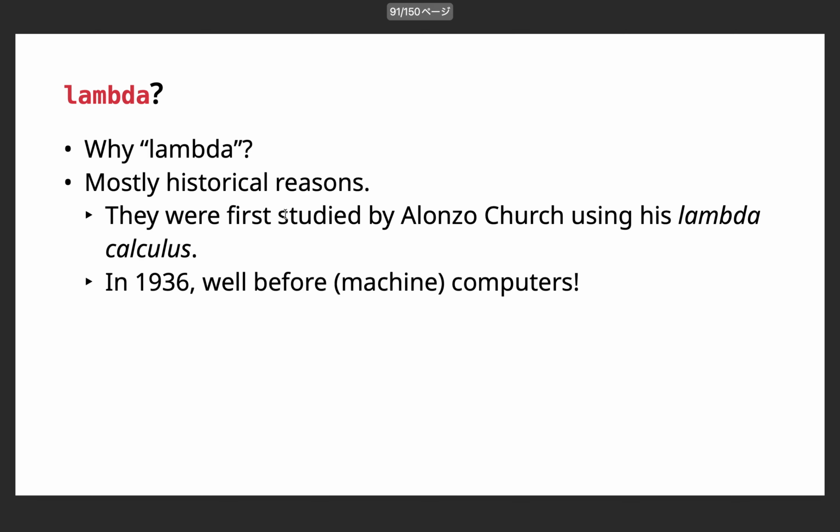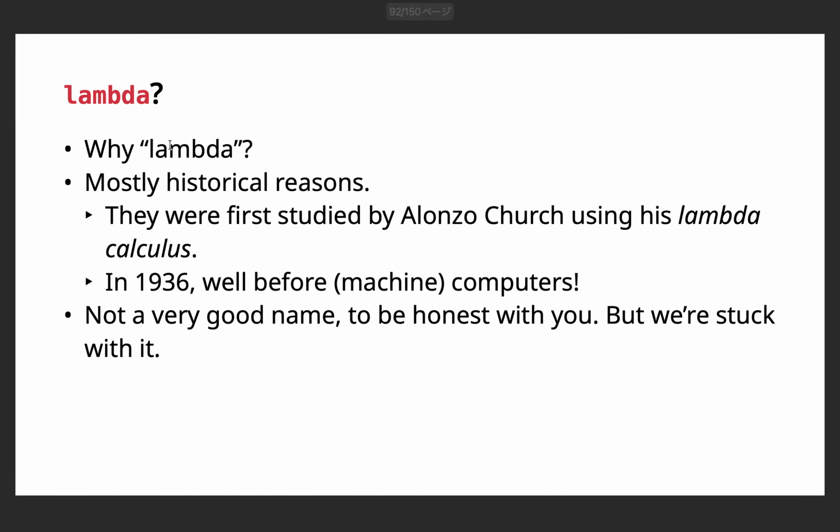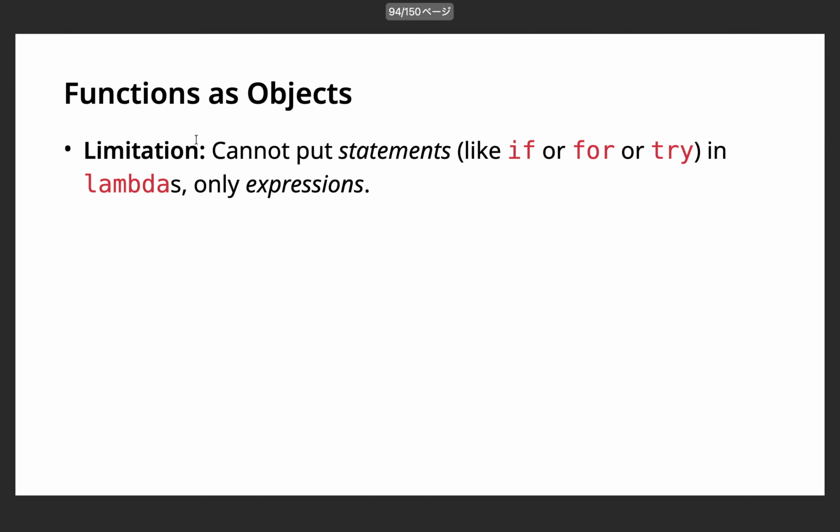But yeah, we use lambda since it's named after Alonzo Church's lambda calculus. The lambda calculus has something to do with the fact that we use functions as values, which is another reason why we use lambda. Okay? So other languages might use different names for this. So for Python, we use lambda.